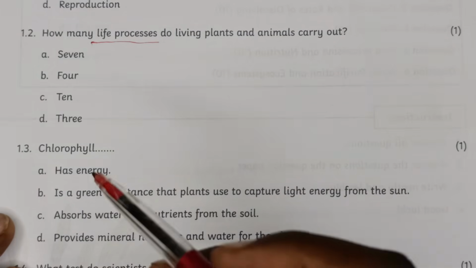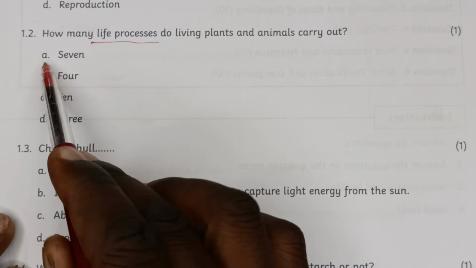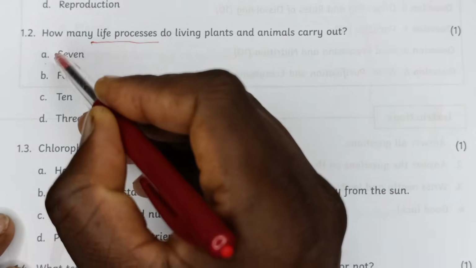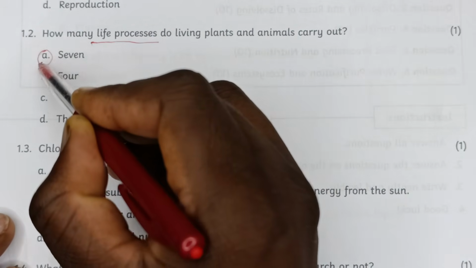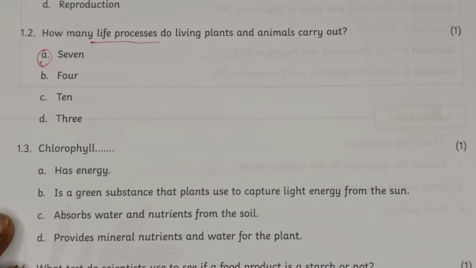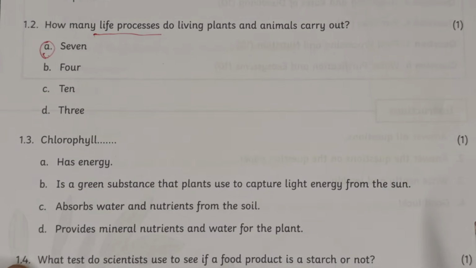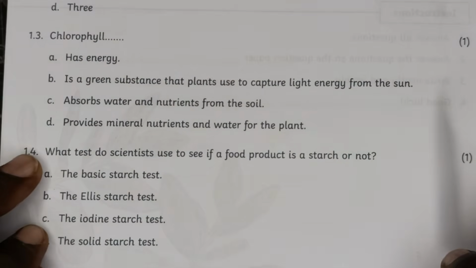Is it 7? Yes, 7 is the correct answer. So living plants and animals carry out 7 life processes. All right. Let's move to the next question.